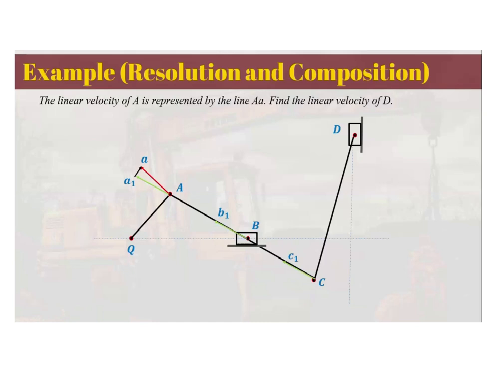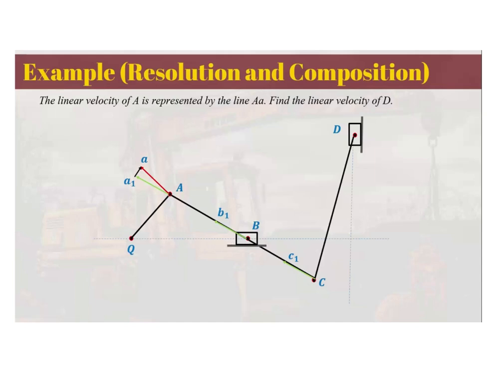The next step is for you to determine the direction of the velocity. Again, the velocity of B is moving towards the left, because A is moving towards the left, so B will also move towards the left. So the direction of B is towards the left.